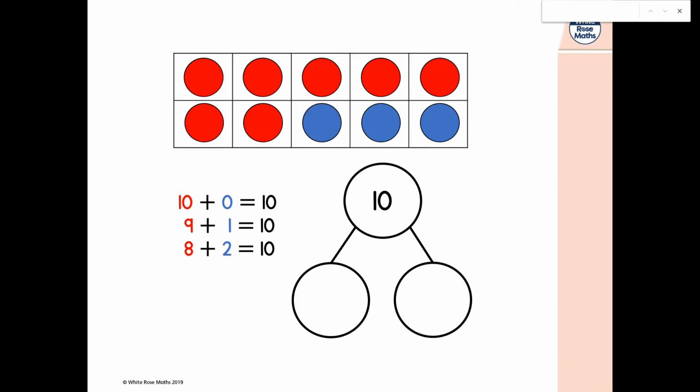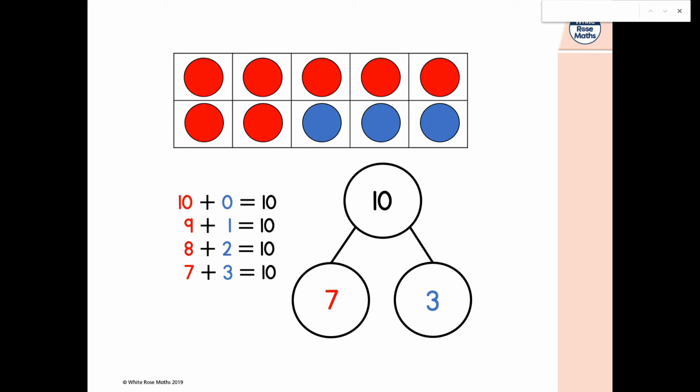Can you tell me the number sentence? The number bond to 10? Did you say 7 plus 3 equals 10? Fabulous. And once again, I hope you're noticing a pattern. Take a look at those number sentences. What's happening to the red numbers? What's happening to the blue numbers?